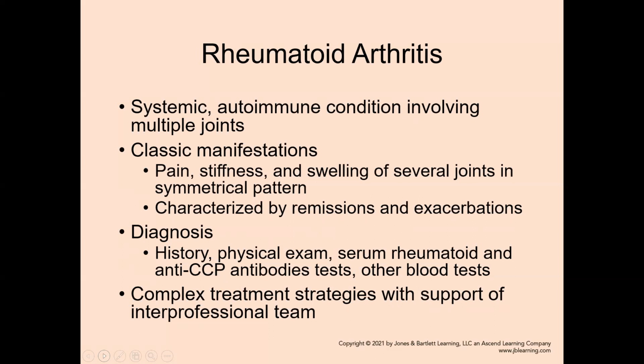Treatments are complex. You'll learn a little bit about those further in the course, but they often need physical therapy, pain management, and sometimes agents to help with the arthritis and the coping of that.